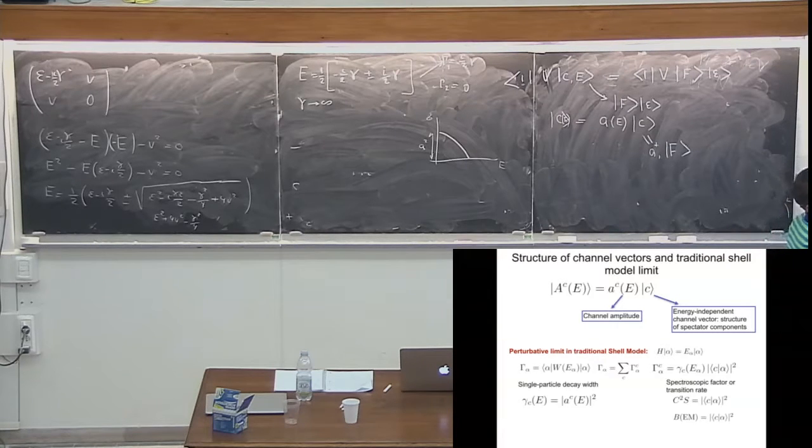And this partial width is just your single particle width for that particular channel multiplied by an overlap between your eigenstate and C, and this is called the spectroscopic factor. So it all comes from the factorized form of this W. If you put in the overlap, then you find this result.